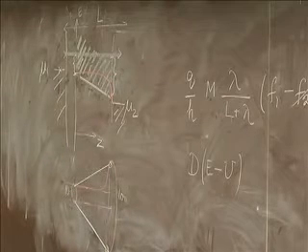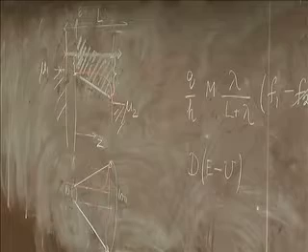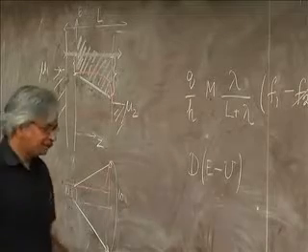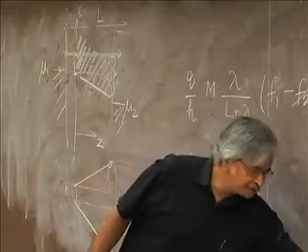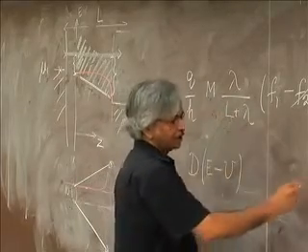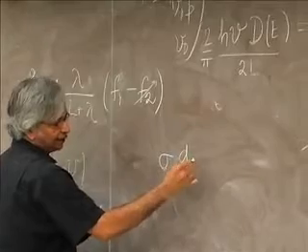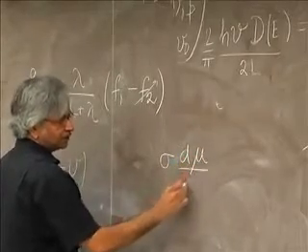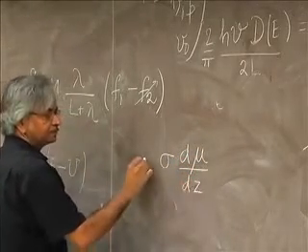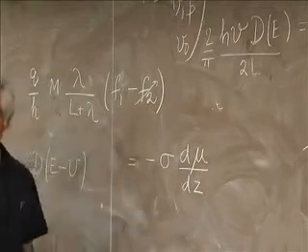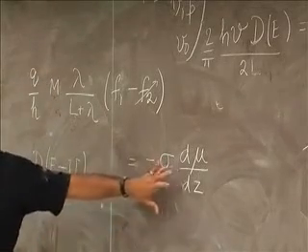Otherwise, I think anyone who is applying this diffusion type of equation always starts from something like sigma d mu dz, or sigma del mu, what I wrote as the chemical potential. That is where people always start from in the literature.